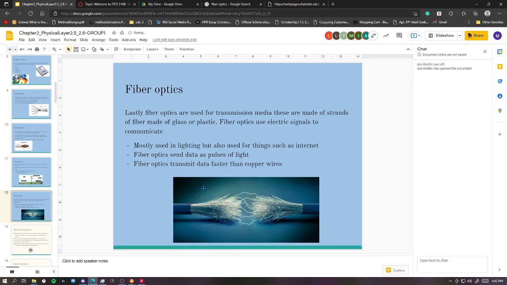They're mostly used in lighting for lights, but they can also be used for internet. Like if you have fiber internet, then that uses fiber optics. They use electrical signals to communicate, and they send data using pulses of light. Fiber optics actually transmit data faster than copper wires and have a higher frequency.